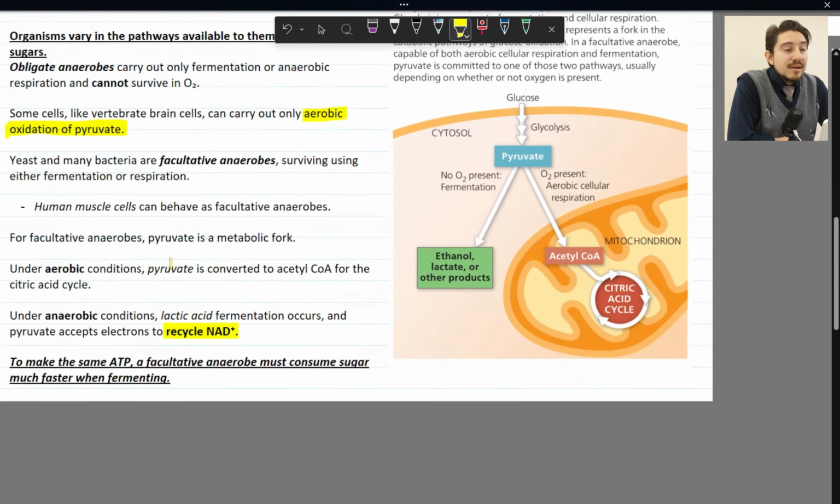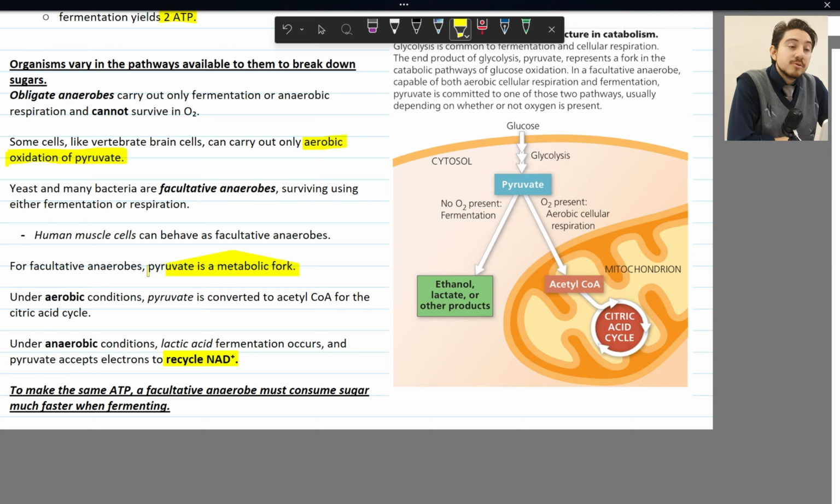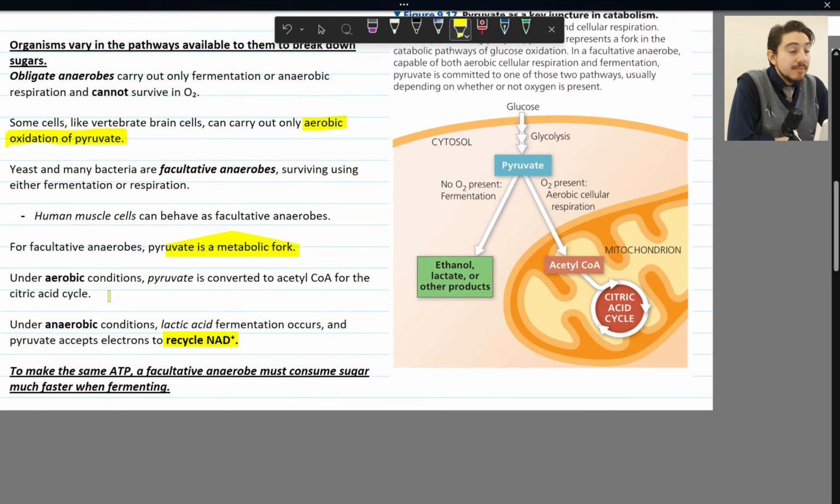Okay? And for facultative anaerobes, pyruvate is the key point at which it is decided whether you'll go into aerobic respiration or any type of anaerobic process. Okay? Pyruvate, we know, is converted to acetyl-CoA if oxygen is present. If not present, you can have ethanol, lactate, or other forms of fermentation, depending on the organism.